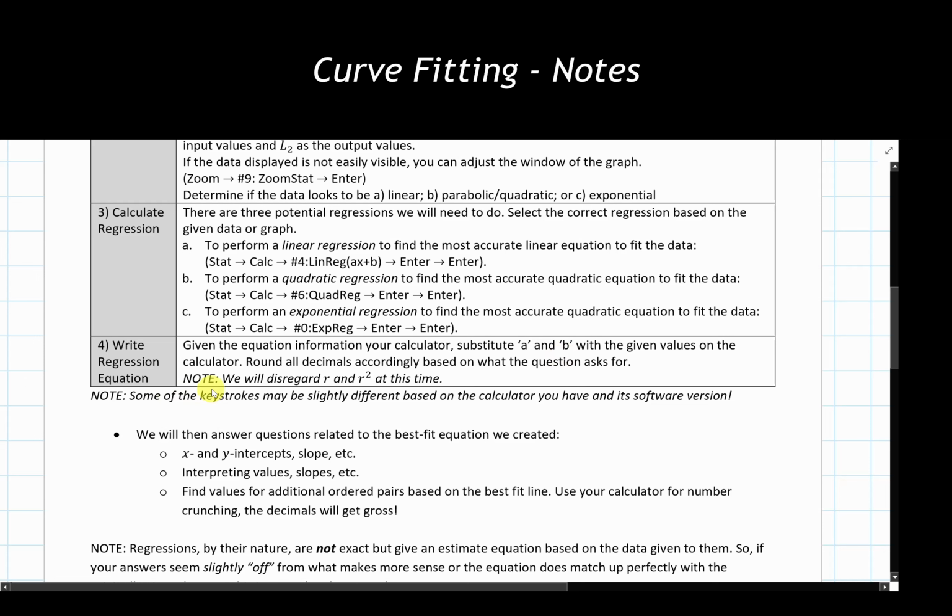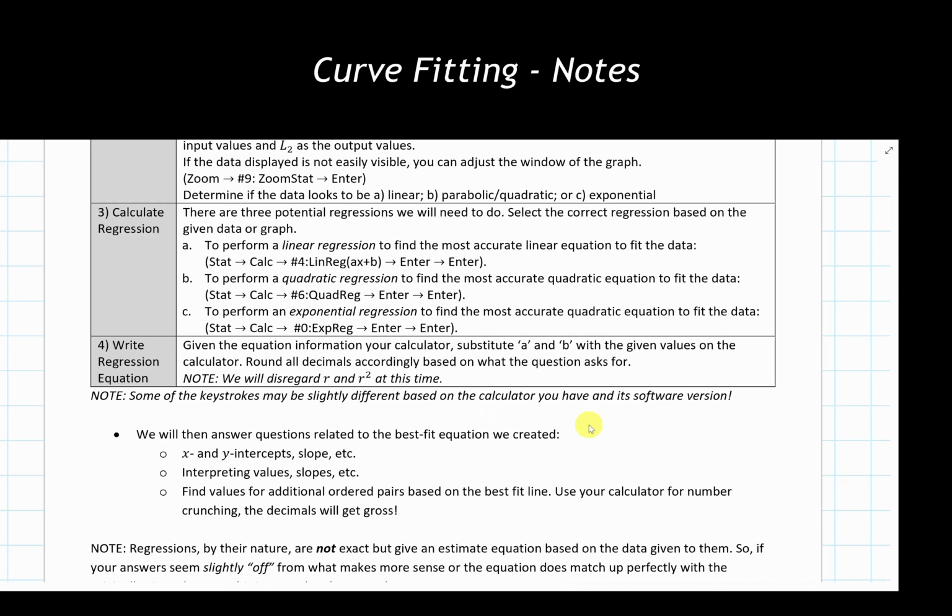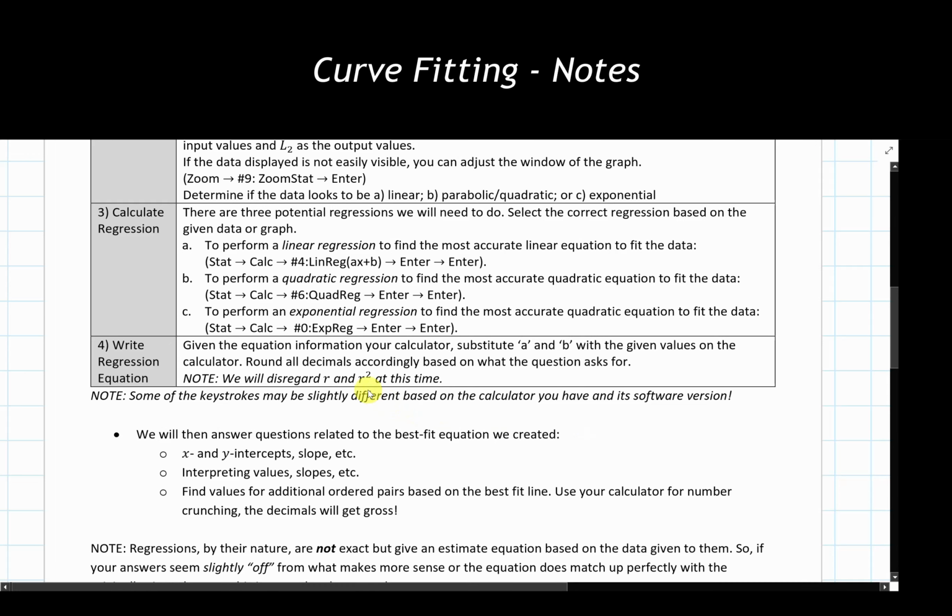For the purposes of this video, if you do see r and r squared showing up, we are going to disregard those at this time. Those are relevant to later statistics classes and statistical modeling. But for the purposes of what we are doing here today, we can ignore those. We're not going to worry about that.